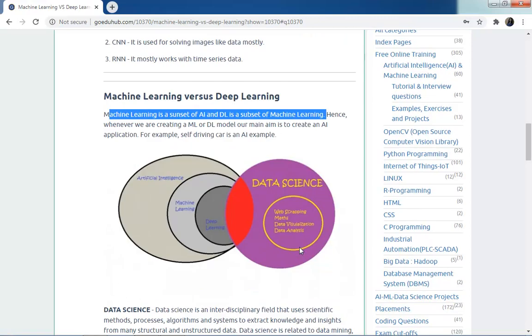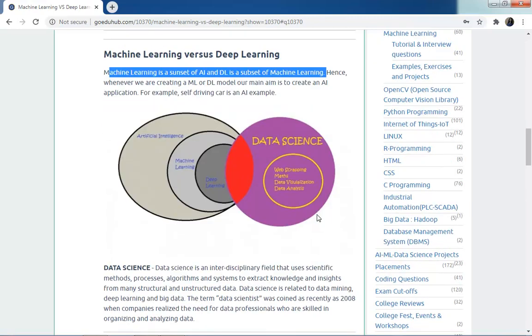Okay, now come to another field, that is data science. This is also a very vast field. You know, data science is an interdisciplinary field. It uses different methods, processes, algorithms, and things like data visualization, data analysis, and web scraping.